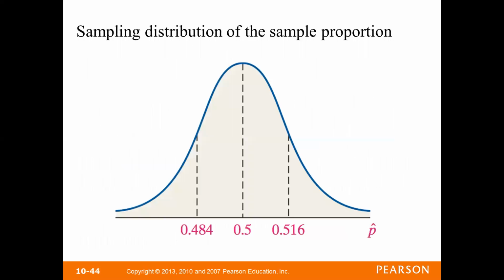So now, knowing that the sampling distribution is normal, this is about what that sampling distribution would look like given that the null hypothesis is true.